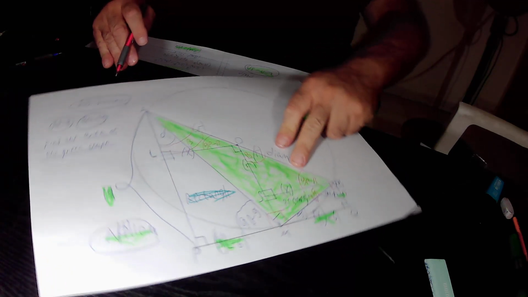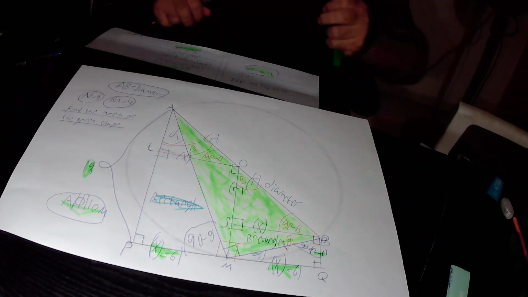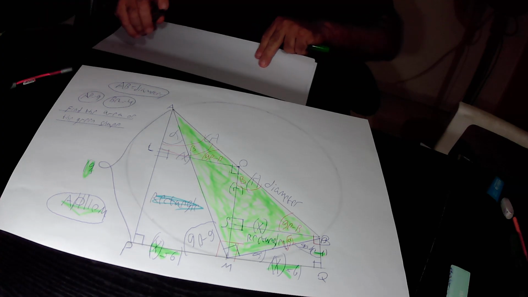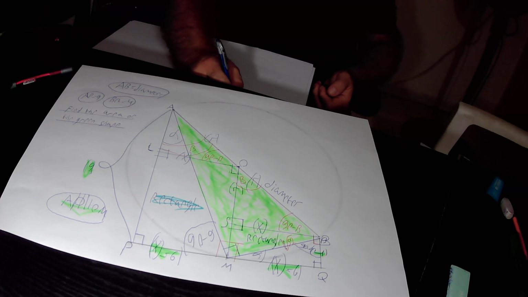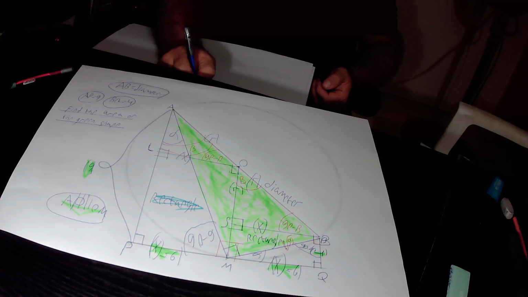In the next step, we will implement the Pythagoras theorem on this big right triangle APM. Here PT is the abbreviation for Pythagoras theorem.